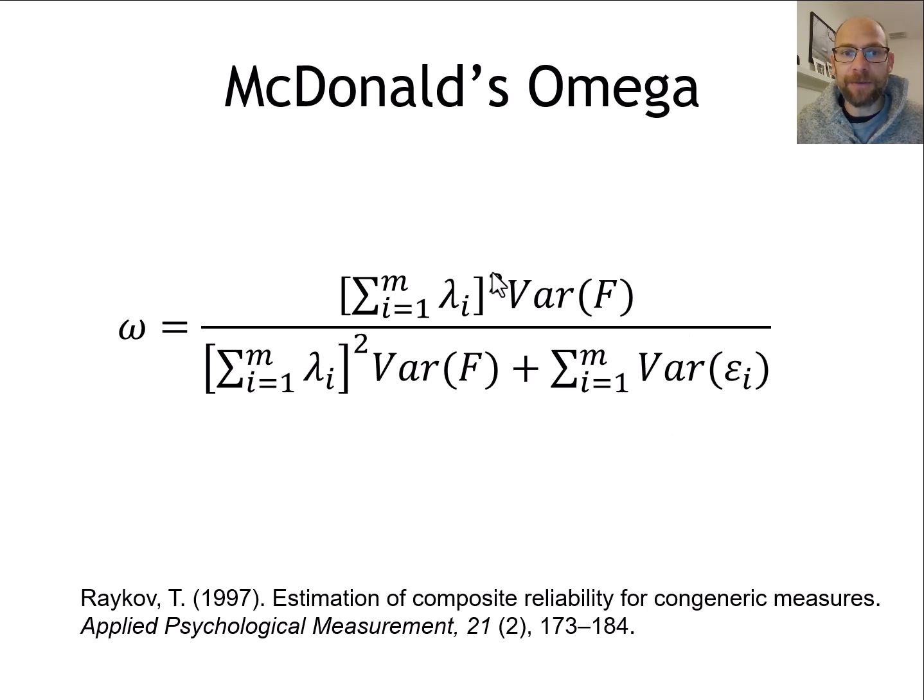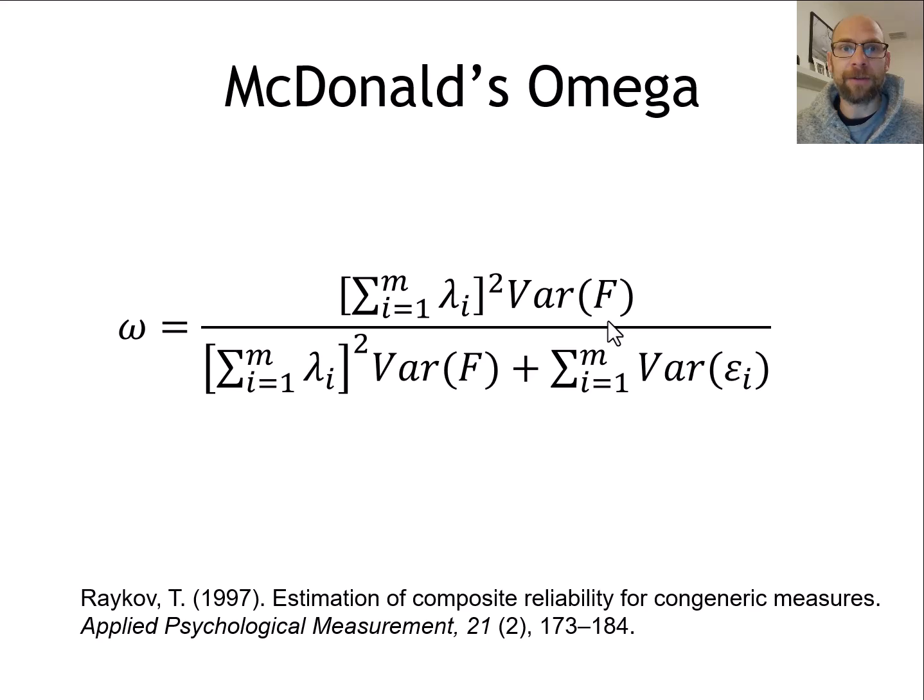So you can see here in this formula we have the loadings lambda, we have the factor variance or true score variance, variance F, so that's the common factor that these congeneric measures load on. So we should test the congeneric measurement model first, meaning a single factor model with different loadings.